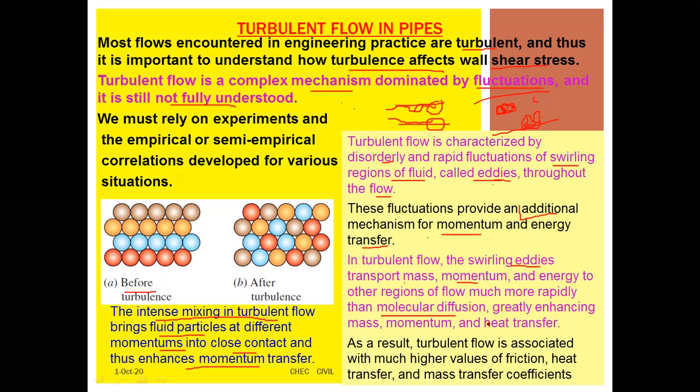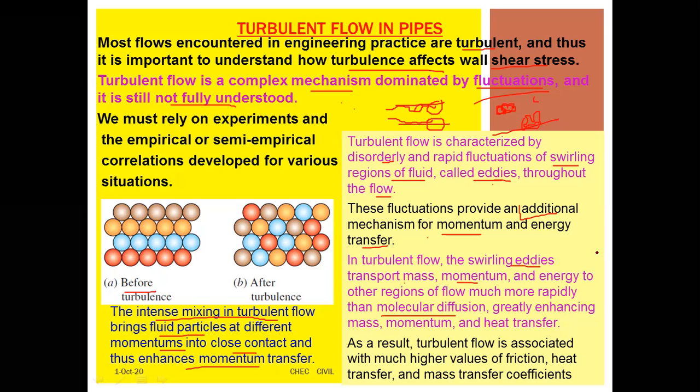Whenever additional swirling regions happen in the water body, the friction develops with high values, and heat transfer and mass transfer also take place, right?